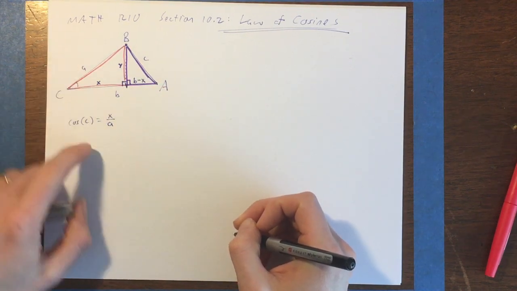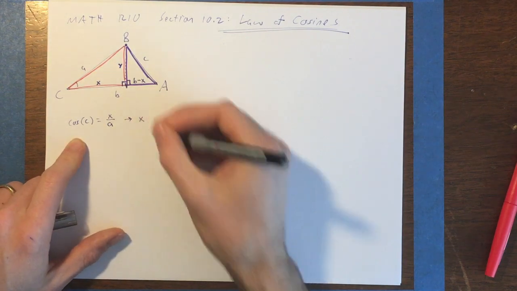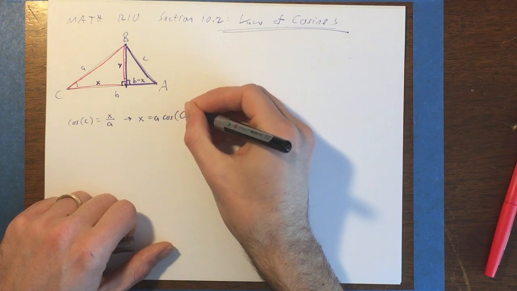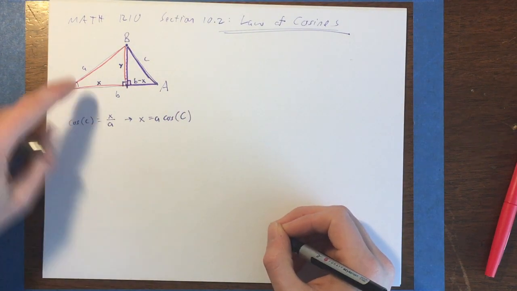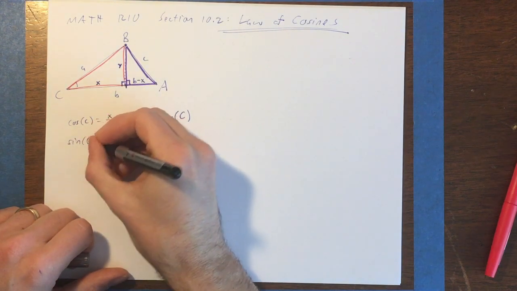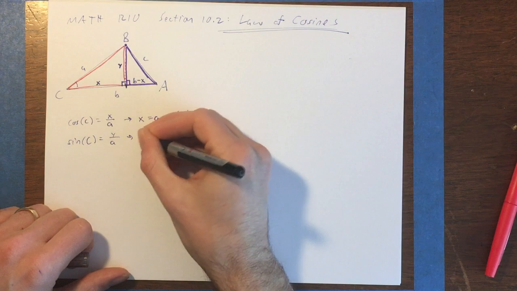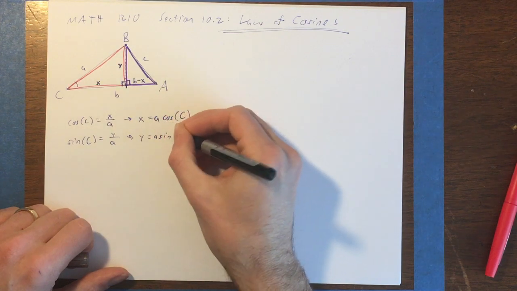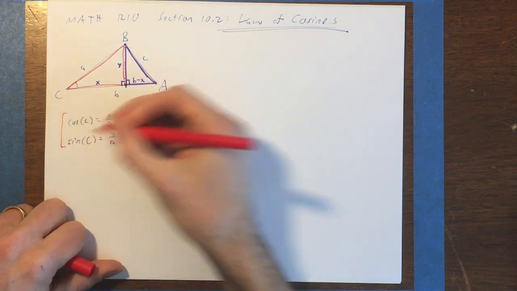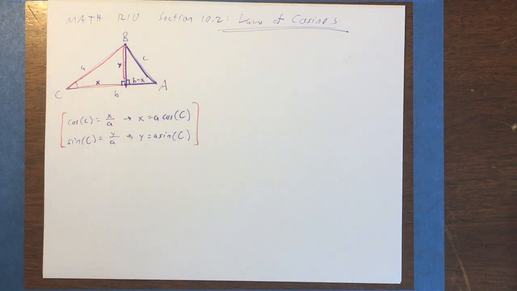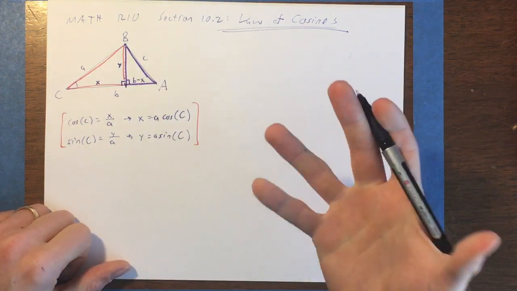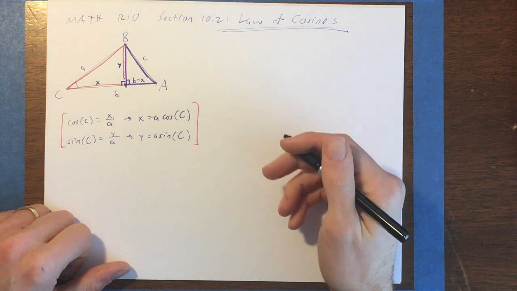So that x distance is a times cosine of angle C. Sine of that angle C is y over a, so y is a times the sine of C. So from the red triangle, we have obtained formulas for x and y in terms of the sides and angles of the overall oblique triangle.